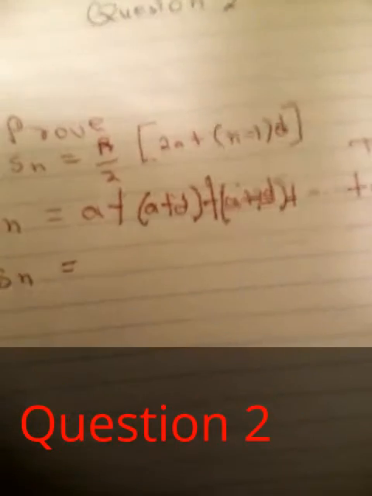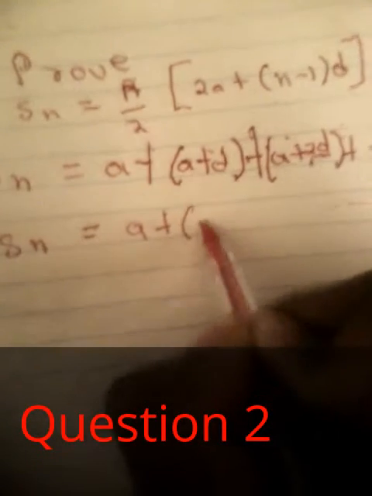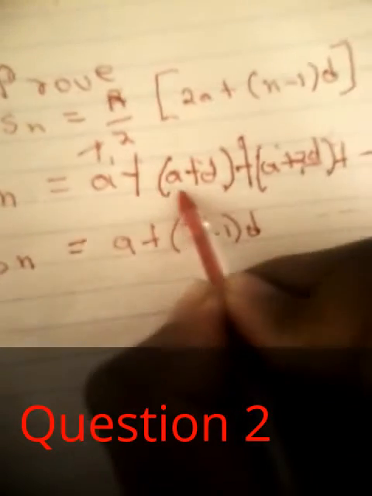It's the same thing. This is the first equation. So let's do the second equation. It will be a plus what, the last term? A plus the general formula, a plus n minus 1 d.